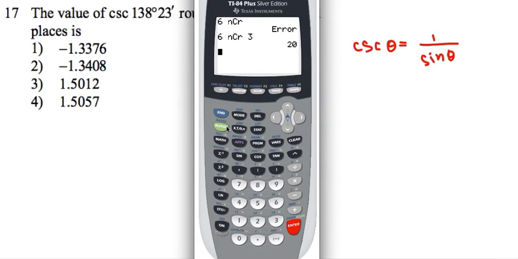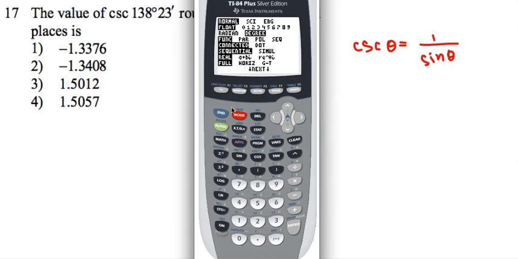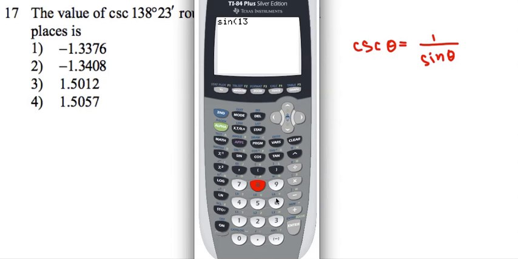So first, since these are in degrees, make sure our calculator is in degree mode. And first I can calculate sine. Let me just clear that. Okay. Sine of 138 degrees plus 23 minutes. Converting 23 minutes into degrees, we can simply divide by 60.